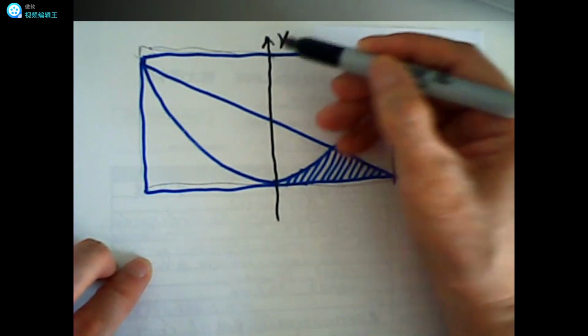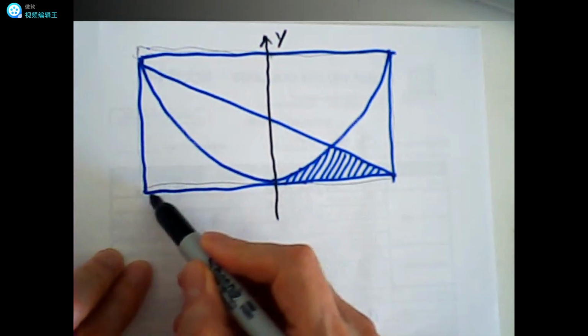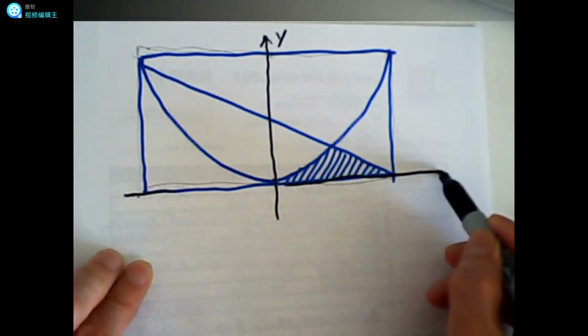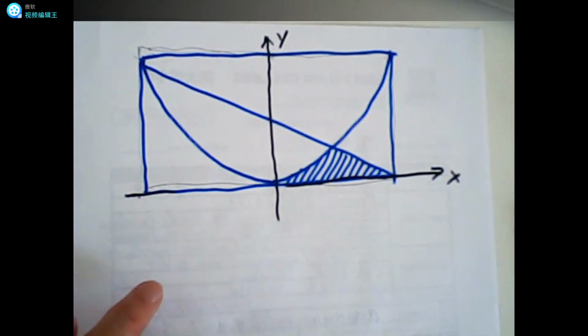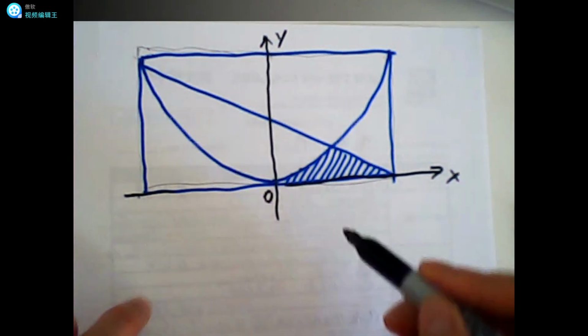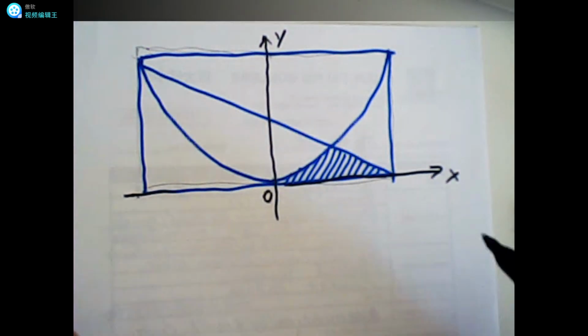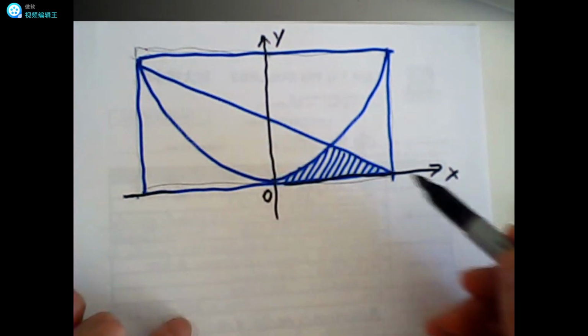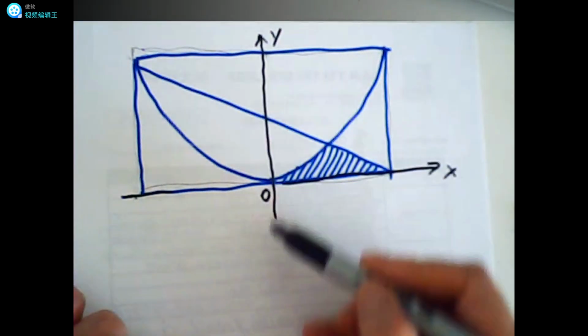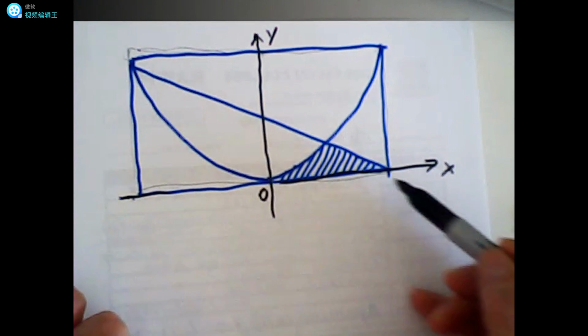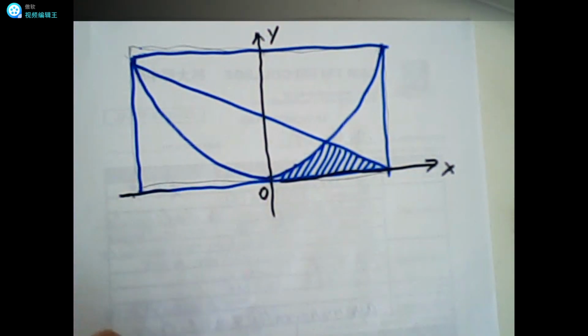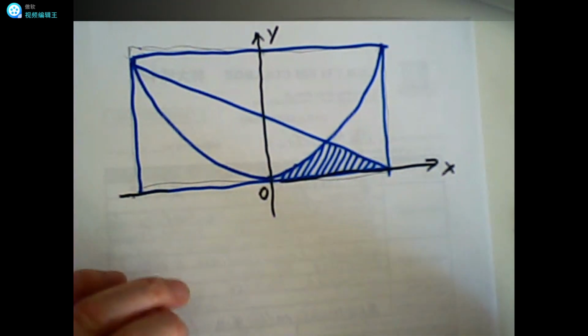This is my y-axis. This is my x-axis. This is the origin. I believe that having chosen the coordinate system like this, the equations of the curve and the straight line are simpler, so our integrations will be easier.